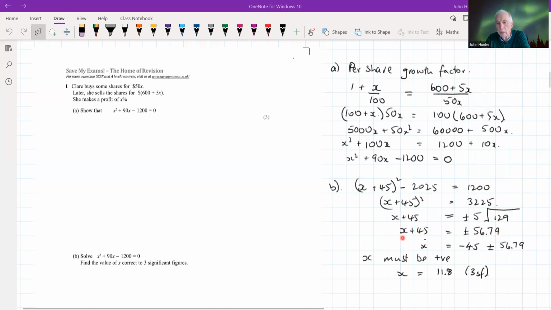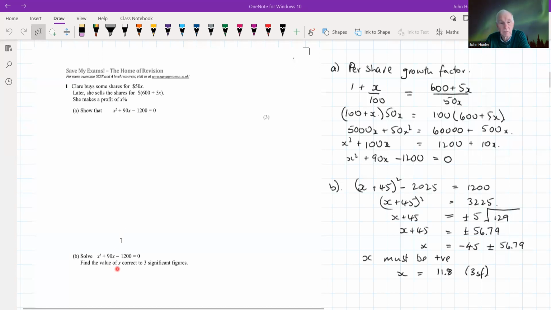Okay, so this next line, x equals minus 45 plus or minus 56.79, you would say is the solution. Actually, two roots, aren't there, to the equation. However, we're searching for the value. Now, I think it's reasonable to assume that x is going to be positive.